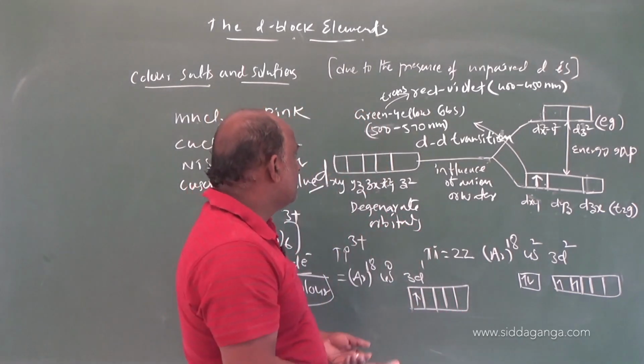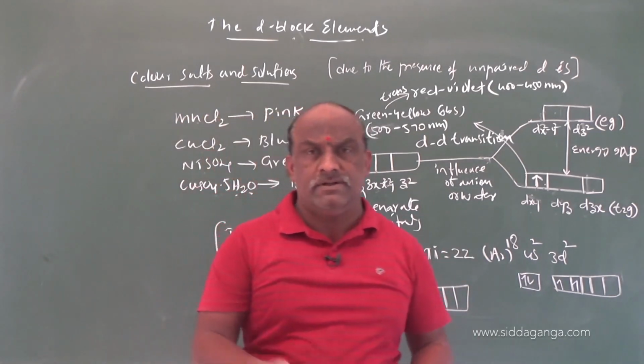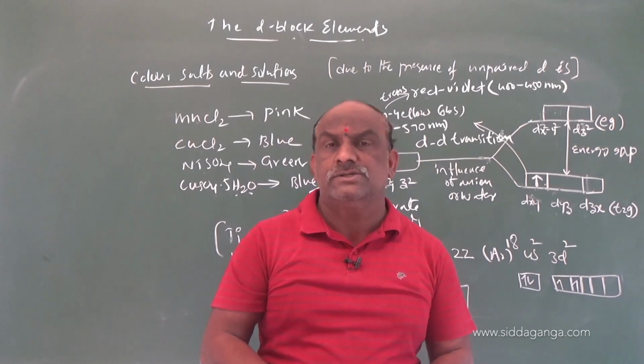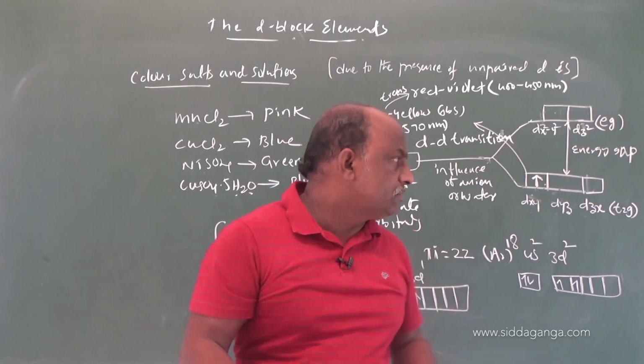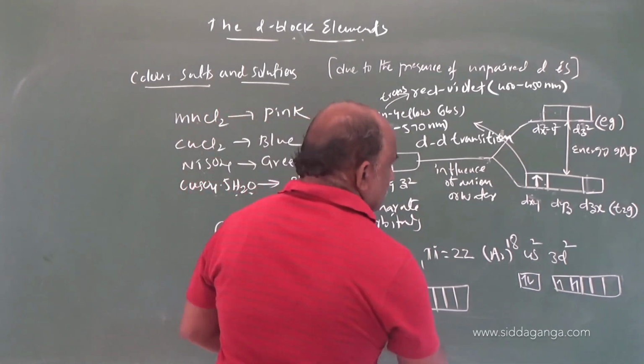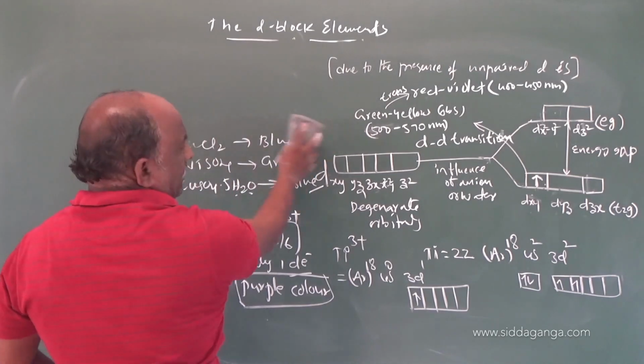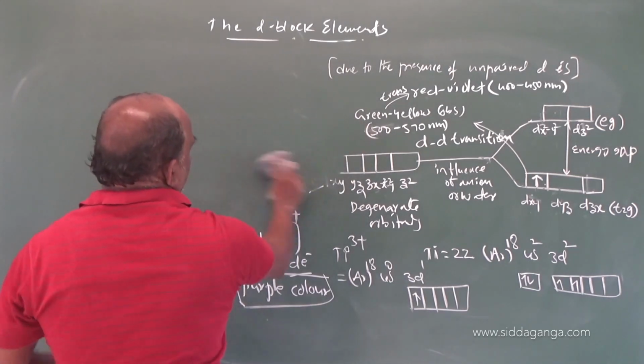Instead of titanium 3 plus, suppose you consider one more example, that is copper. Copper salts, Cu plus 2. Cu plus 2 salts are also well known. So here the next example is, so make a note, my dear students, this is very important.